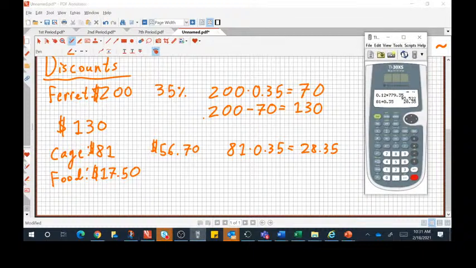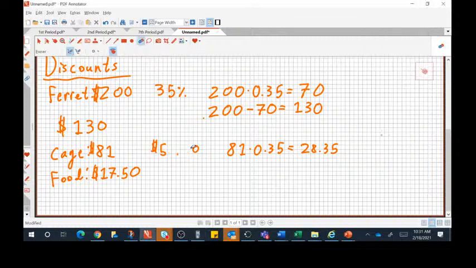Which, if we take that away from 81, $52.65. How many of us got $52.65 for that? There we go. That's okay, Lucy. You got the right idea. It was just a matter of punching in the numbers right and using the correct ones. You had the right moves.